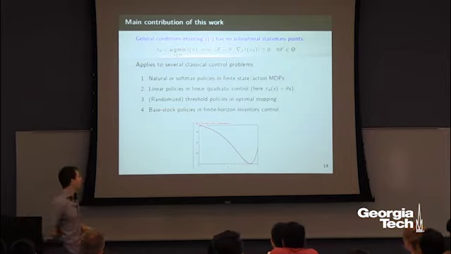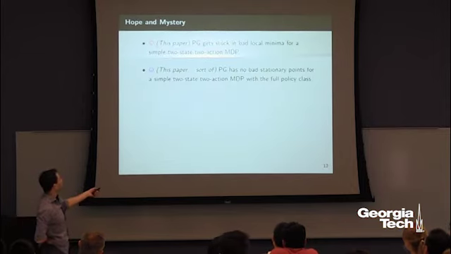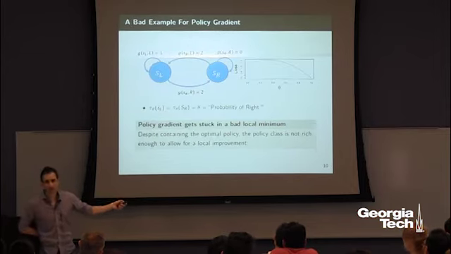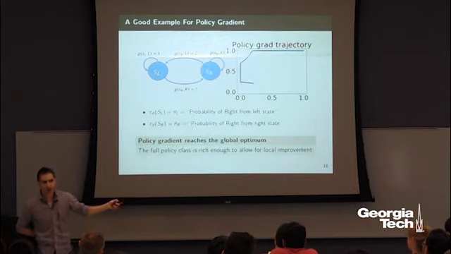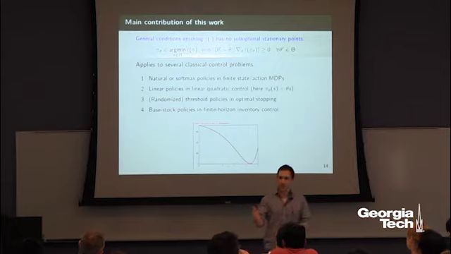As you would expect for this to be a theorem, it does not apply to this problem, which had bad local minima. Okay. And so these conditions seem to divide the class of problems for which these methods work, up to what we know, and the class where they don't work.